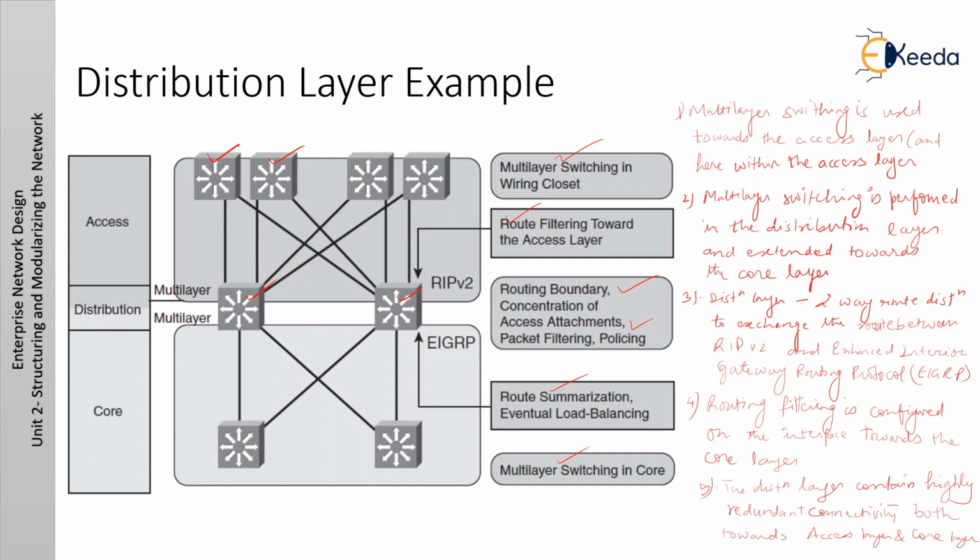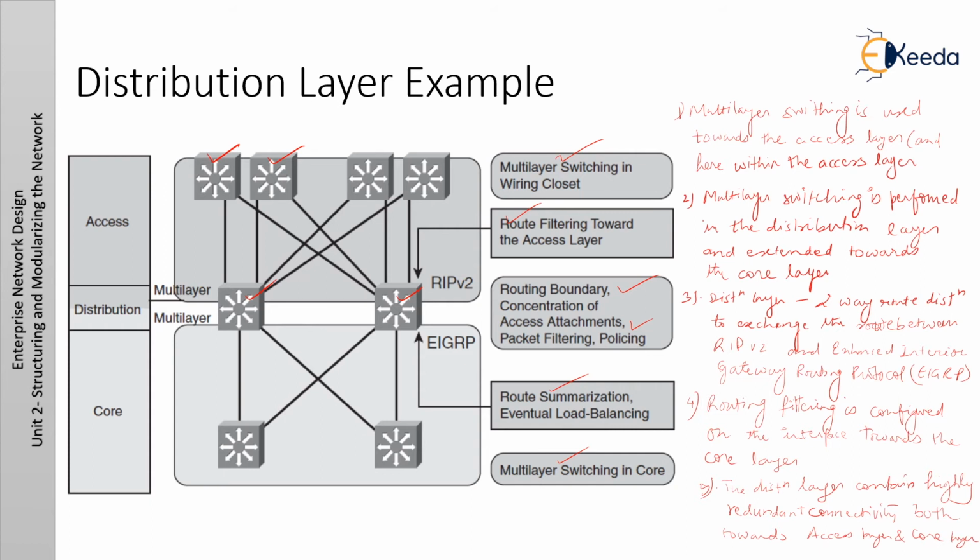So how can this be done with the help of multi-layer switching? Multi-layer switching is used towards the access layer, and in this particular case within the access layer also. Multi-layer switching is performed in the distribution layer and extended towards the core layer. You can see this in the diagram. The distribution layer performs two-way route redistribution to exchange routes between the Routing Information Protocol version 2 and Enhanced Interior Gateway Routing Protocol routing processes.